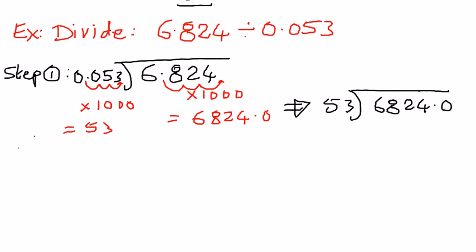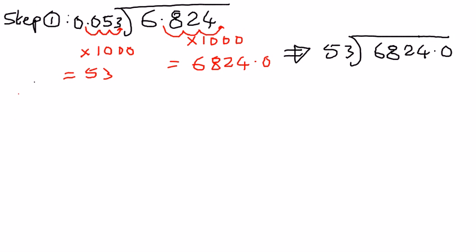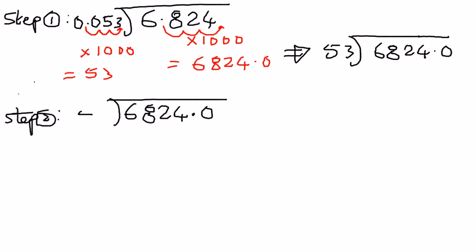Okay, now we are ready to perform the division. So in step 2, we're going to perform the division, and this is how it's going to look. 6824.0 divided by 53.